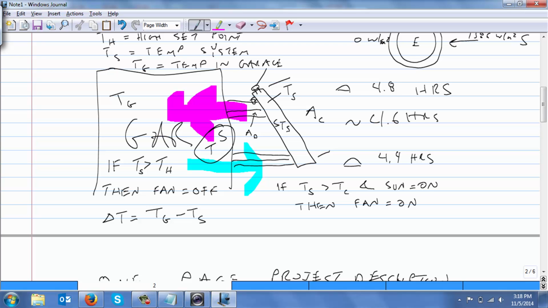Obviously, you can't have a negative temperature, but the absolute value of that delta T is what's going to matter. So what you'll know from that is how much heat is flowing from the system into the garage, or another way of thinking about it is how much energy the garage is stealing from the system. It all has to balance out. You still have to go back to that first law of thermodynamics. You're not making energy anymore. You're just pushing it around. Okay.